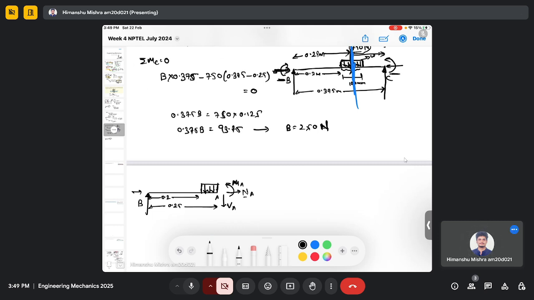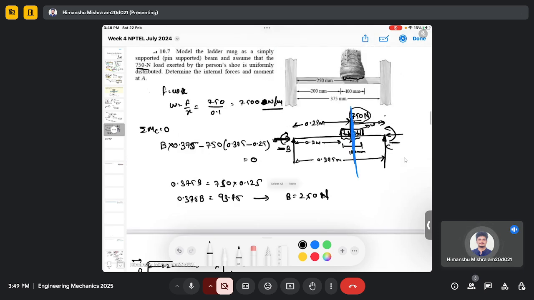So now since this is the uniformly distributed load, we need to find its equivalent point load. So earlier the equivalent point load was 750 here, and that was the equivalent point load of this entire uniformly distributed load. But now we have considered half of it.